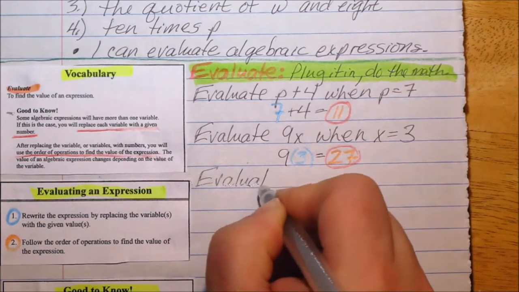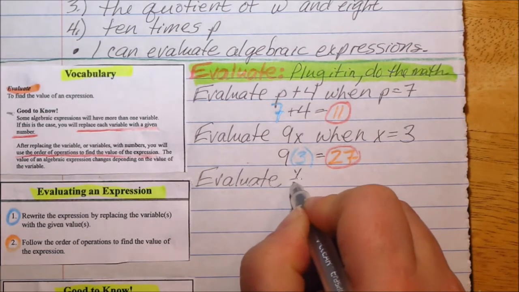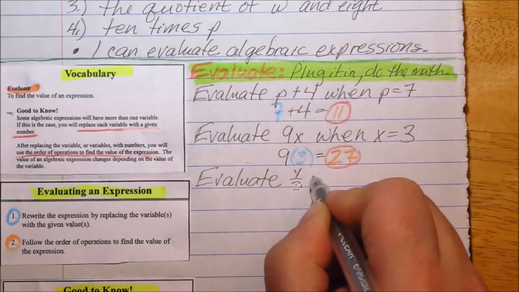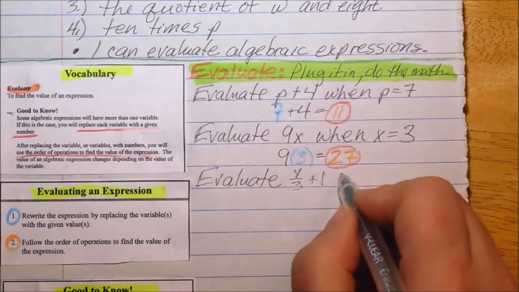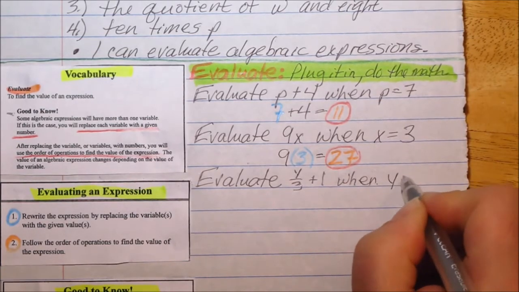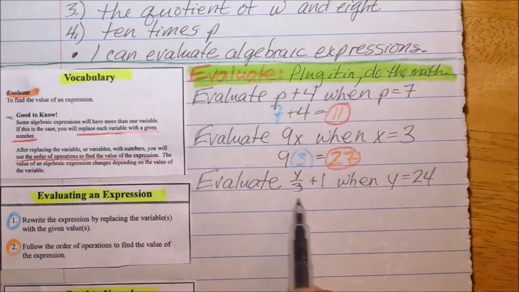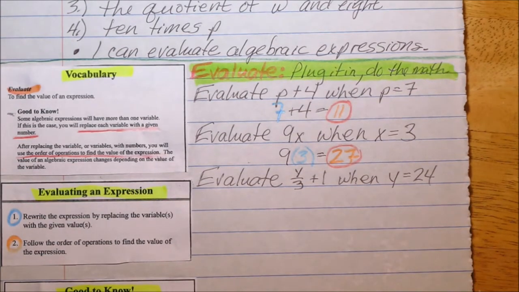Evaluate y divided by 3 plus 1 when y equals 24. Okay, don't freak out when you start seeing things look a little bit more complicated. Multiple operations doesn't change anything.